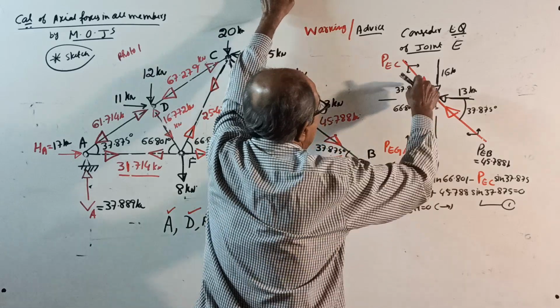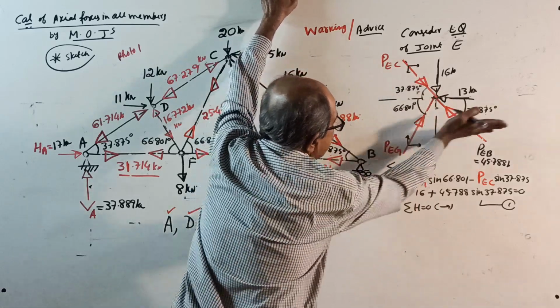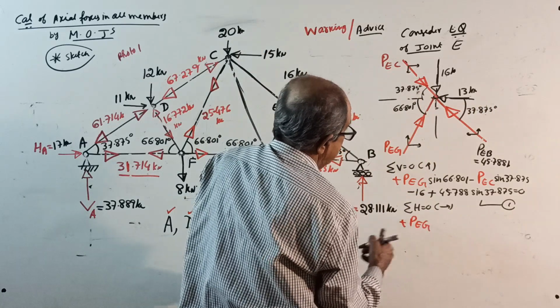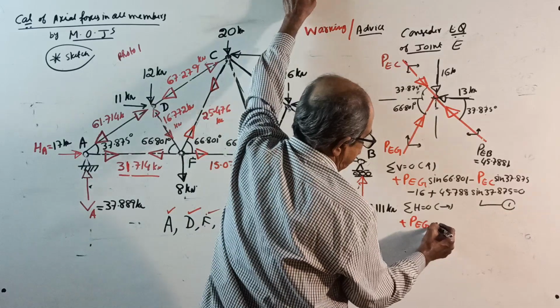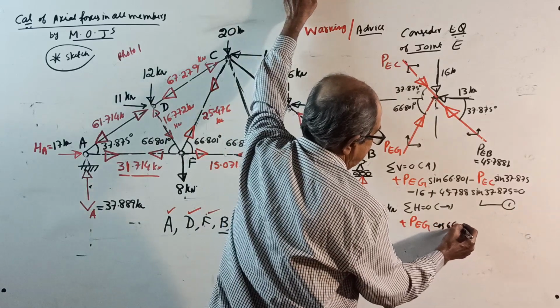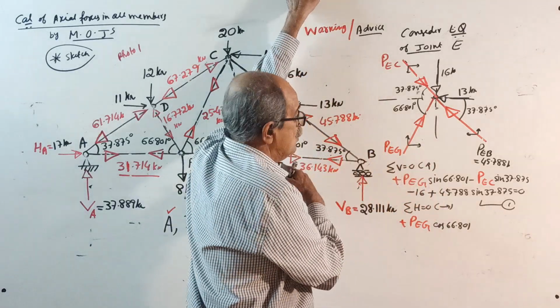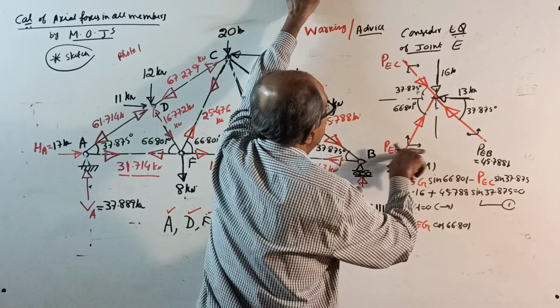Sigma H is 0. Which one first? PEG. Plus PEG cos 66.801. Last time I by mistake put 61, that's why wrong answer. 66.801.